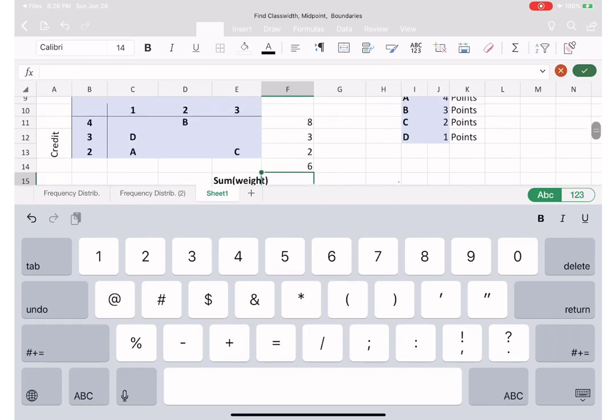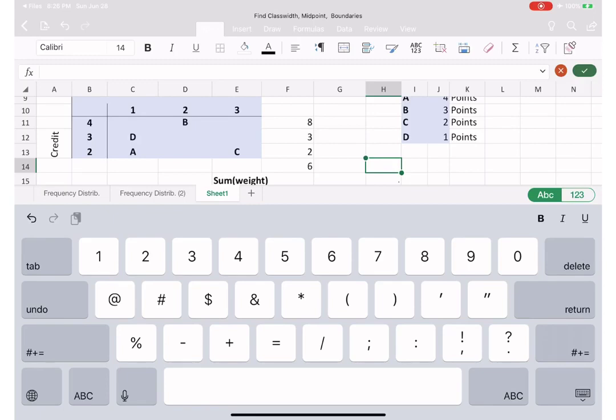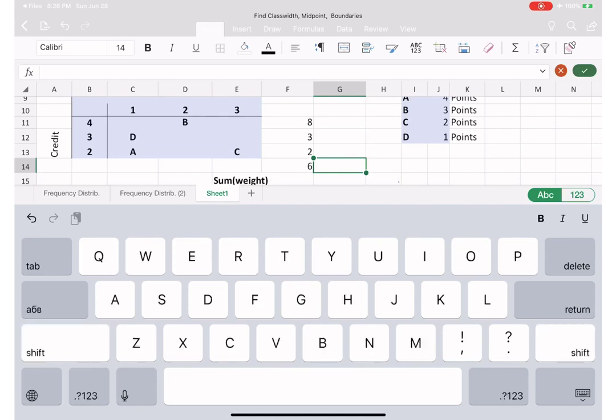This 6 is for C. Well, let me write down. This is for C. It would be easier, I guess.